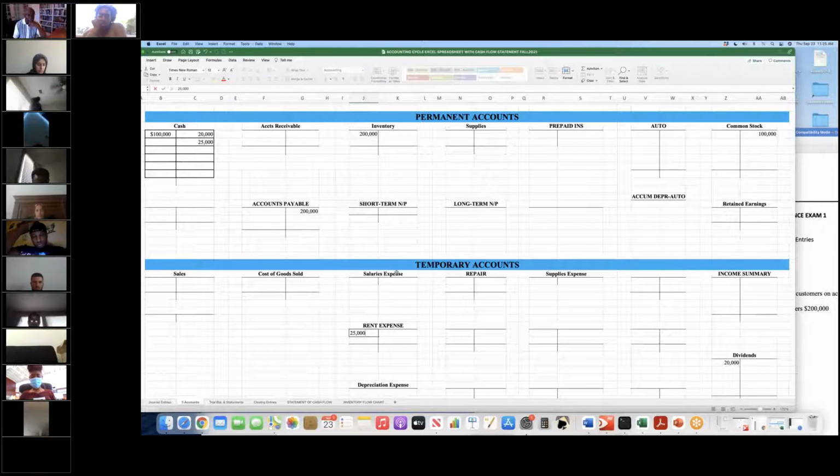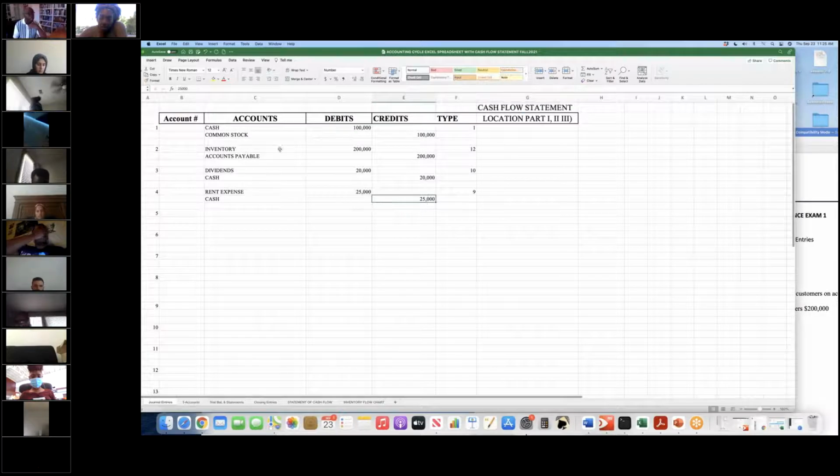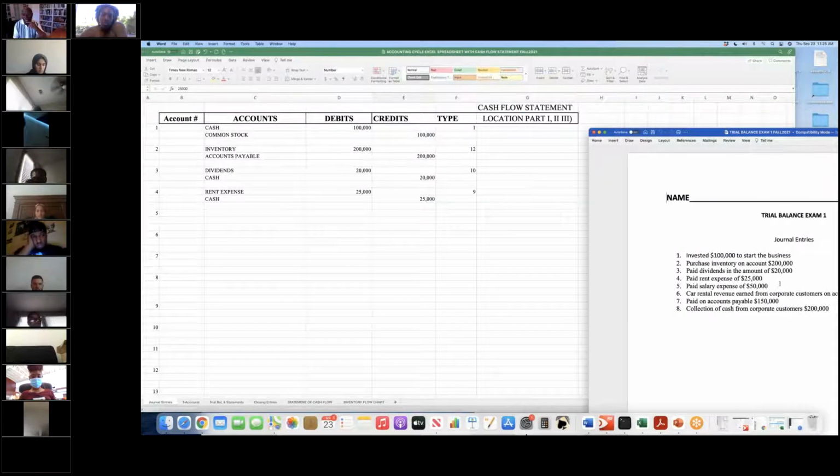These accounts below the line are temporary accounts. The ones above the lines are permanent accounts. And that will begin to have meaning as we go through steps 7 and 8. Okay, journal entry 5 was paid salary expense 50,000.